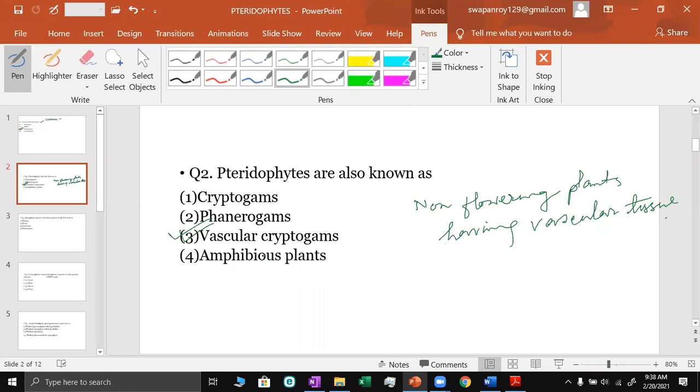Okay, so vascular tissue, cryptogams, that is non-flowering plants; phanerogams, flowering plants. Under phanerogams come angiosperm and gymnosperm. Amphibious plants are the bryophytes, that is what they are called.